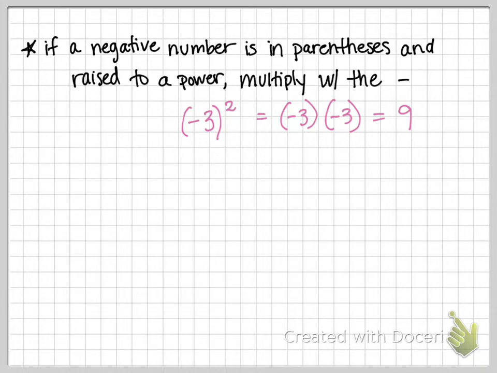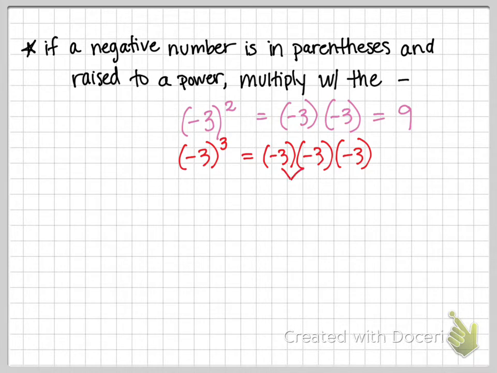What if I had this? If I had negative 3 in parentheses to the third power, what this really means is that whole negative 3 in parentheses times itself 3 times because it's to the third, right? Now, as we start doing our multiplication, negative 3 times negative 3 is positive 9.